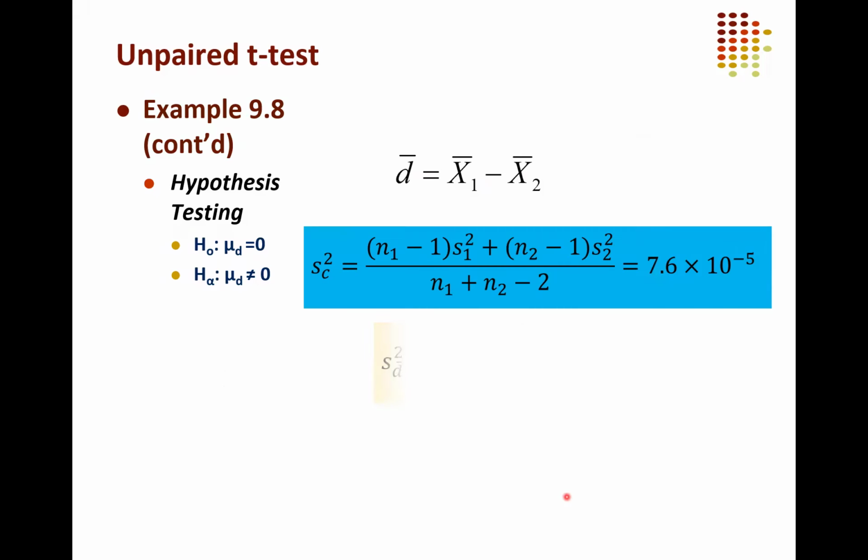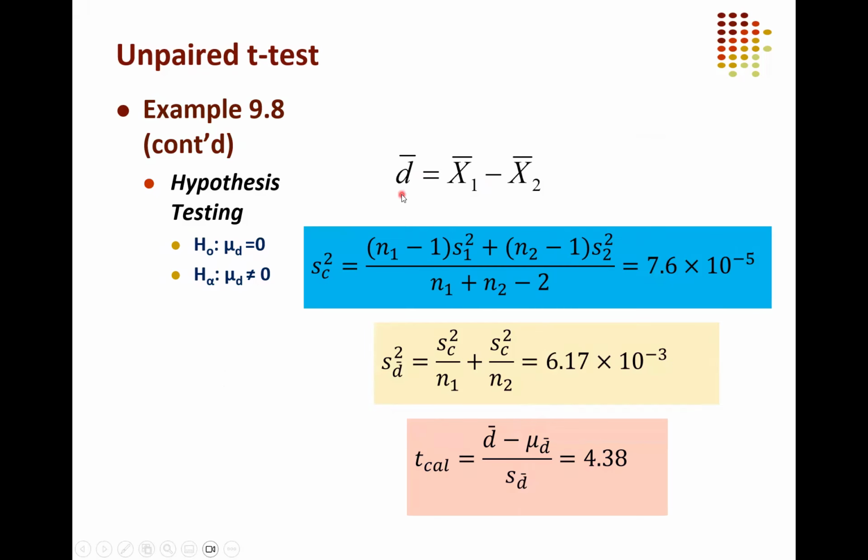We will go through all these calculations by defining the difference variable. We will calculate the pooled or combined variance value. Then we will calculate the variance of the difference variable, and we get the t calculated value. It is 4.38.